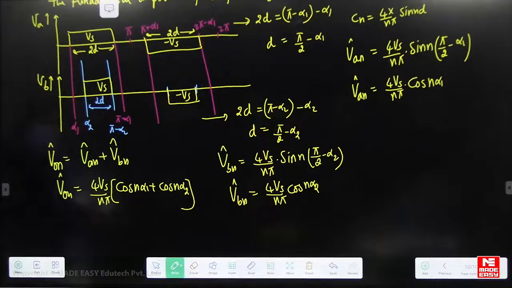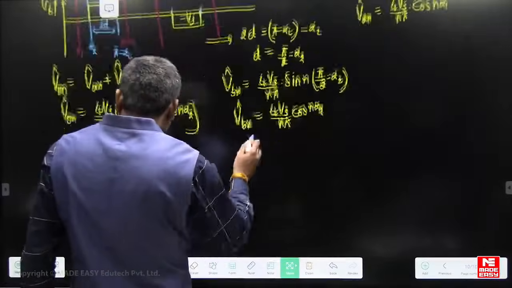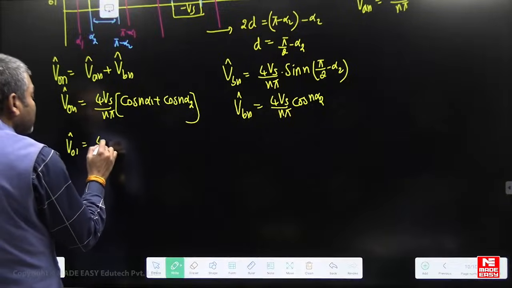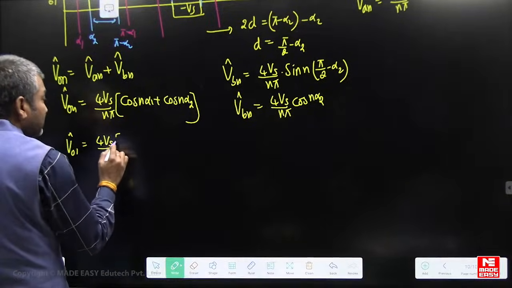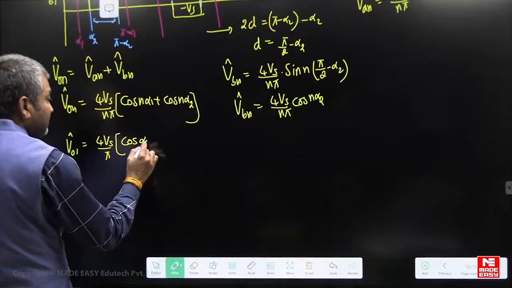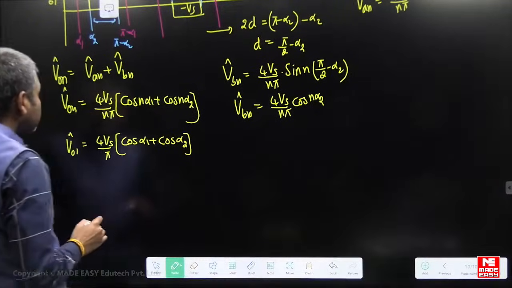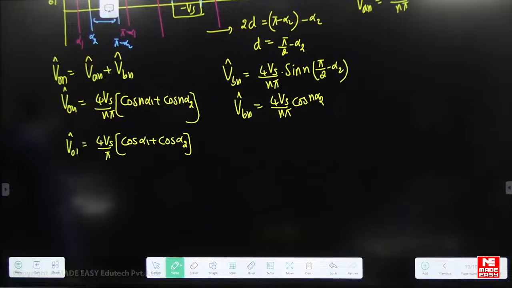Now we have to calculate the fundamental amplitude. Substitute n equal to 1: the fundamental amplitude is 4Vs by pi times cos alpha 1 plus cos alpha 2.